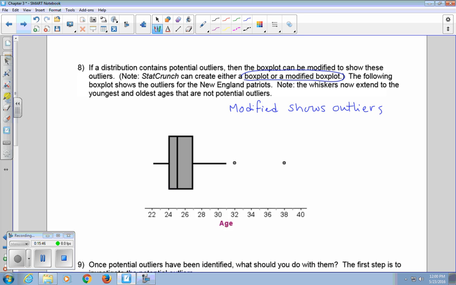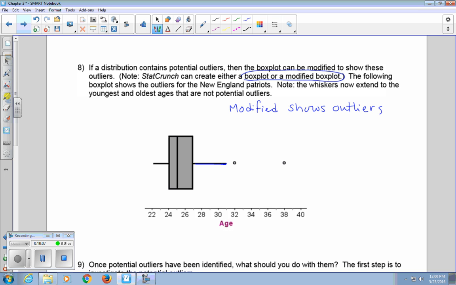And what it does is it draws whiskers to the last data point before you've determined your outliers. So our last data point before the outliers was the age 31, and so it drew a whisker to 31.